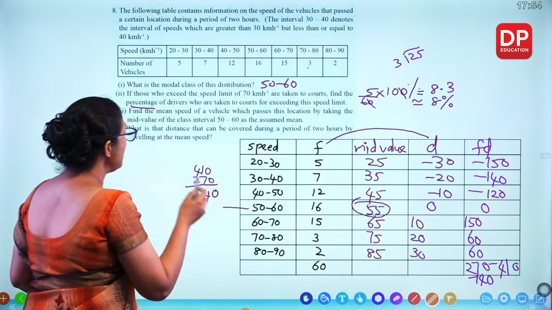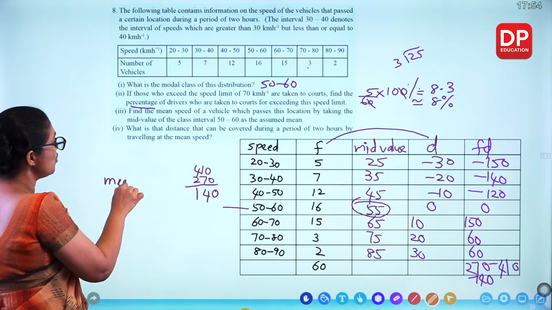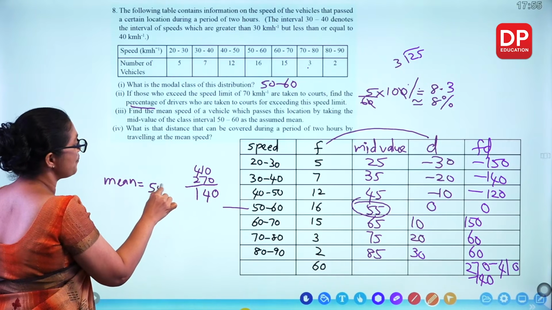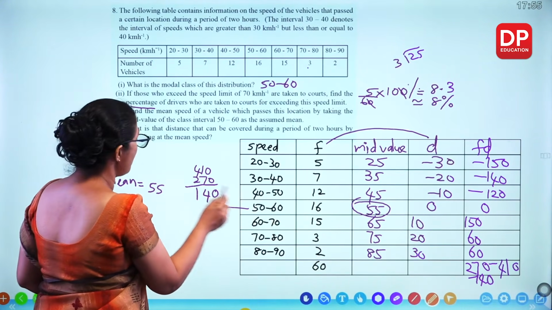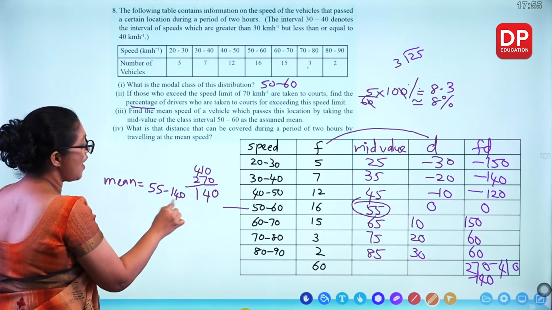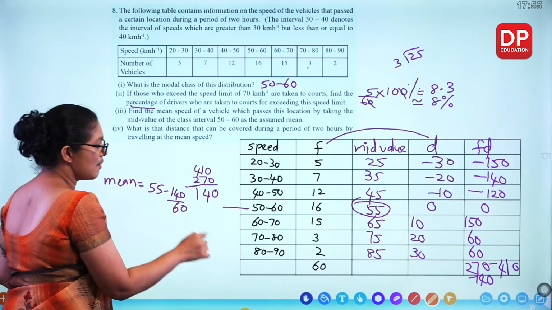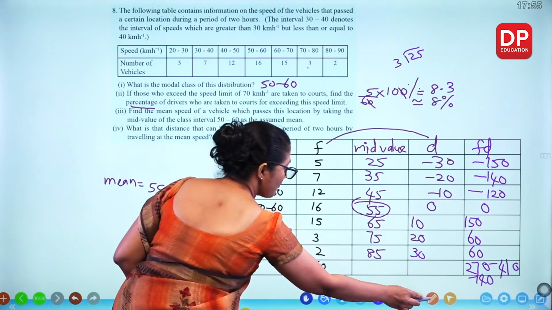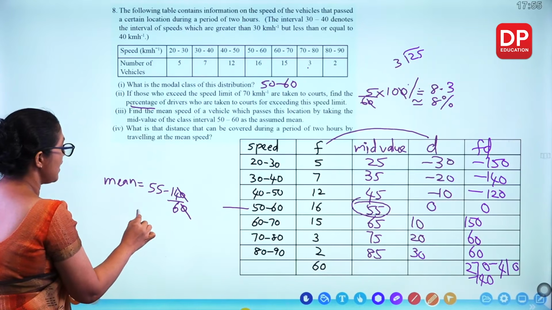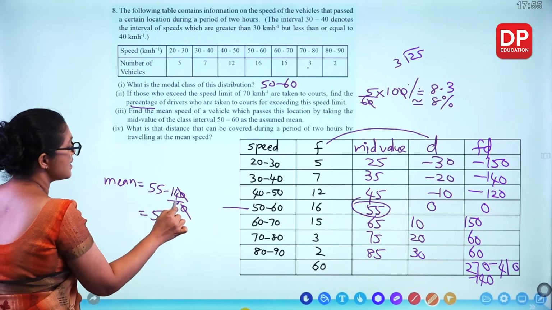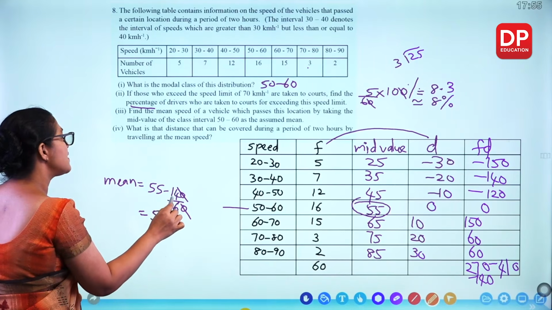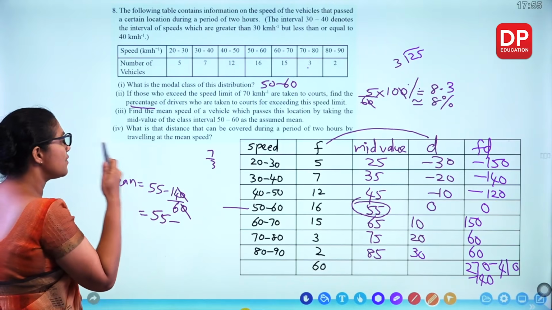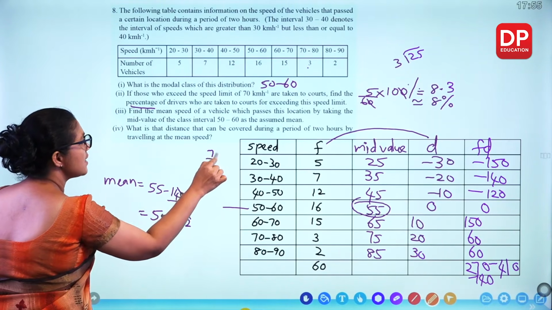Now calculate the mean value. Mean is equal to assumed mean, that's 55 minus 140 divided by 60 because that's the mean deviation. Calculate the value. You get 55 minus, here 14 divided by 6 is same as 7 divided by 3. So what's 7 divided by 3? You get 2.33.